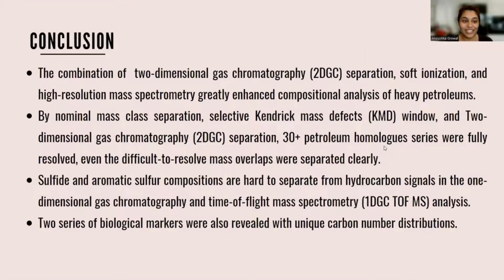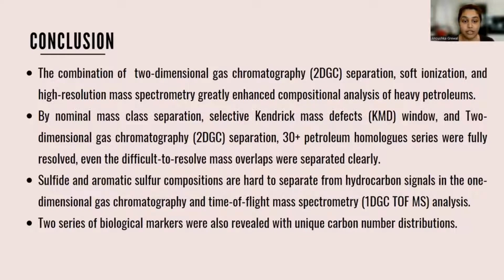As for the conclusion, basically the combination of 2D gas chromatography separation, soft ionization, and high-resolution mass spectrometry greatly enhances compositional analysis of heavy petroleums. By nominal mass class separation, selective Kendrick mass defect, KMD, window, and 2-dimensional gas chromatography, 2D GC, separation, 30+ petroleum homologous series were fully resolved.